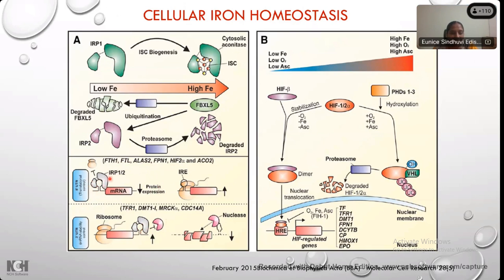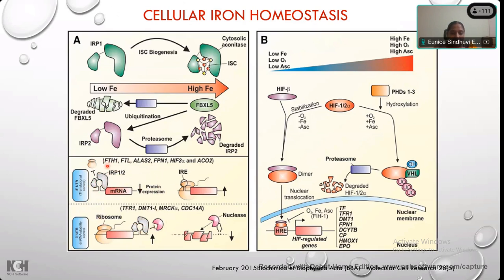So what happens is when this IRP binds to the 5' end of the mRNA, wherever this mRNA has a 5' end IRE, they inhibit the translation of the protein. And when it binds to the 3' end of the mRNA, these mRNAs are stabilized and lead to increased production of protein.